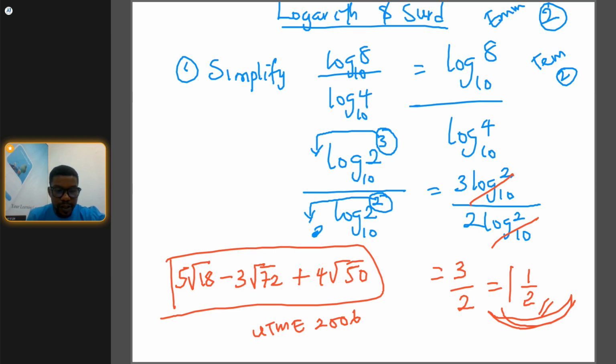Okay, to make it easier, let me just write it this way. I said 5 root 18 minus 3 root 72 plus 4 root 50. So I'm waiting for a response.